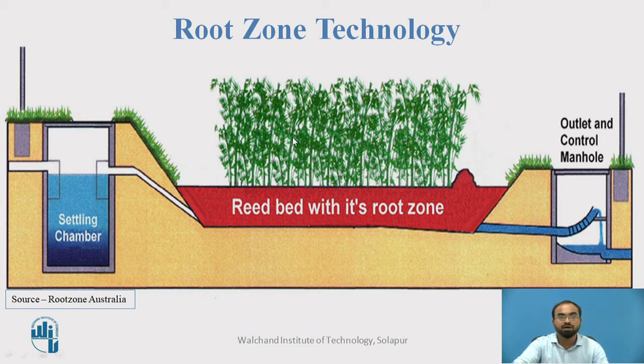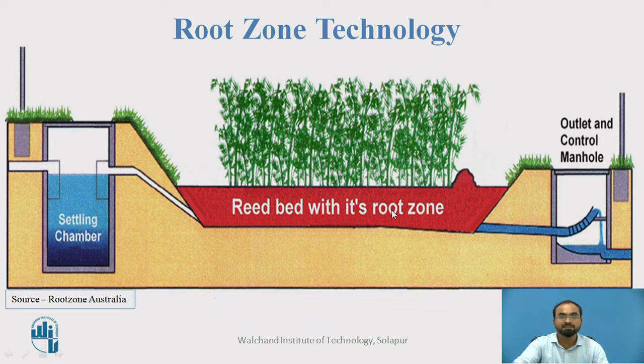Why? Because the carbon dioxide present in the atmosphere will be taken up by the plants and they will convert it and release a lot of oxygen through the roots. And in the roots, nearby the rhizosphere, oxygen is made available to the microorganisms.